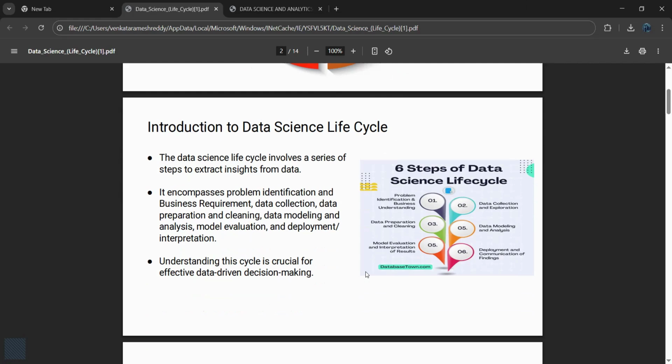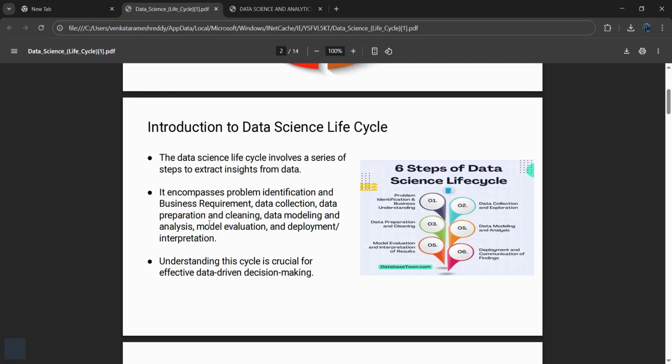If you follow those steps, you can easily extract the insights from the data. We can see those steps later.